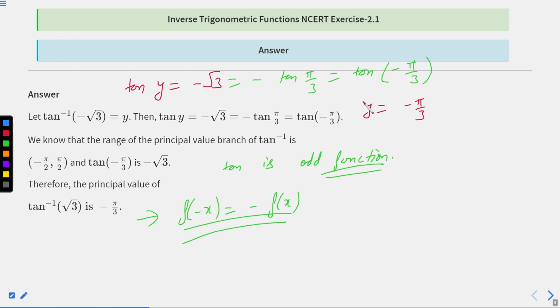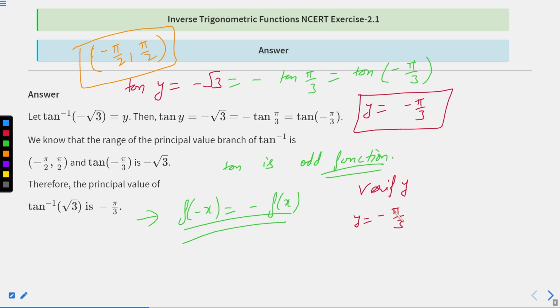Now verify whether this value y belongs to the principal value branch. If you recall, what is our principal value branch? It is the open interval minus pi by 2 to pi by 2. As you can see, minus pi by 3 is less than pi by 2. And we know that minus 3 pi is less than minus 2 pi.